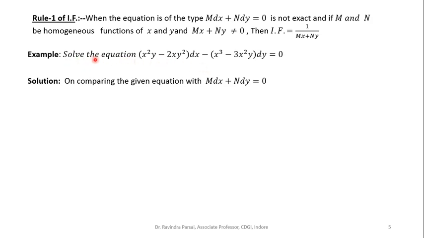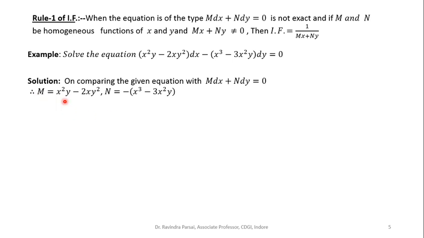The problem is to solve this equation: (x square y minus 2xy square) dx minus (this) dy. Our first duty is to compare both sides with the standard form M dx plus N dy, find out M and N, and then differentiate M partially with respect to y and N partially with respect to x.